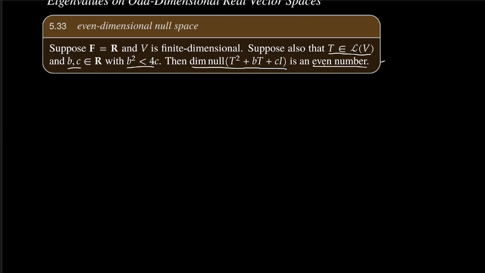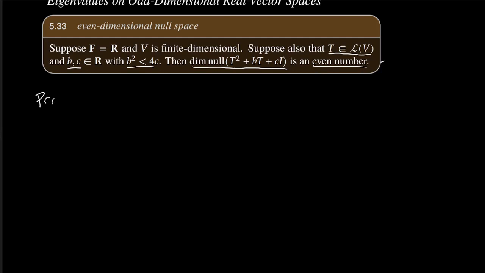So quadratics. All right, fair enough. So if we take a quadratic, we look at its null space, getting a dimension that's an even number tells us that it cannot be the whole space if the whole space has odd dimension. So that's why we'll prove this.